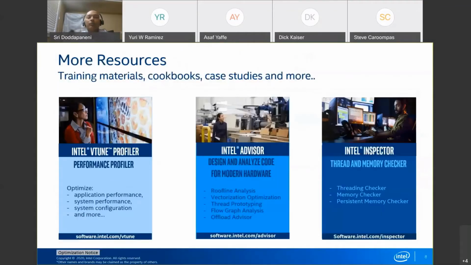If you want to know more about the analyzers, here are the links at the bottom of each of these boxes. You can go find a lot of useful information. There is training material, cookbooks, videos, case studies, customer codes. Whatever you're looking for, and also a link to download the software.